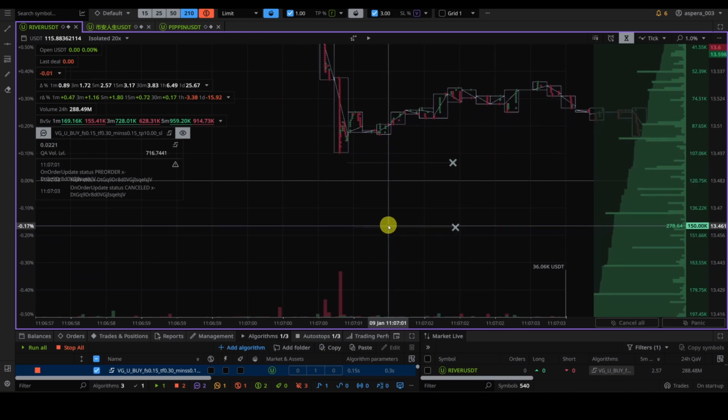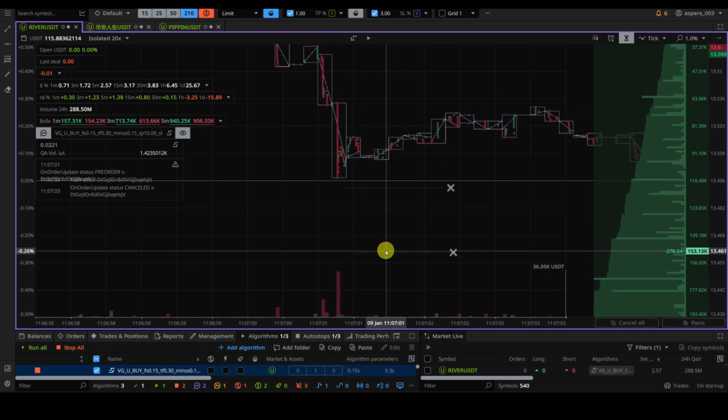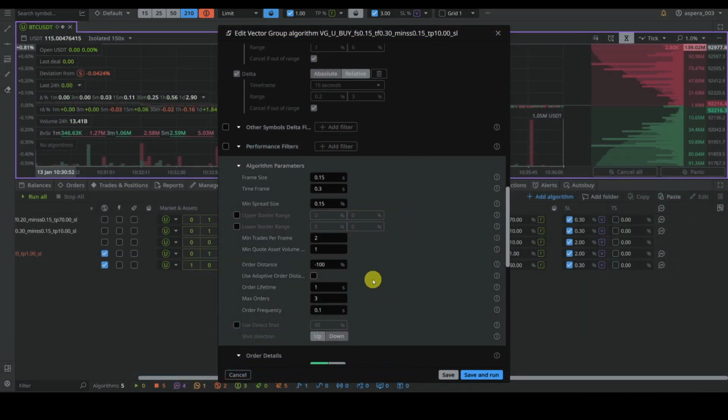Let's figure that one out. And by the way, why do we have a second order at all? Back to the algo parameters. Here it says max orders equals 3. I've got only 2, but we'll deal with that later. Now, here it says order frequency is 0.1 seconds. So apparently, that's the timing delay between each consecutive order.